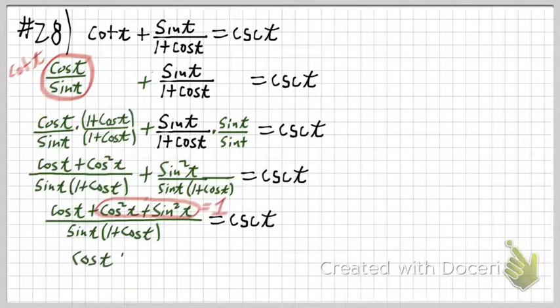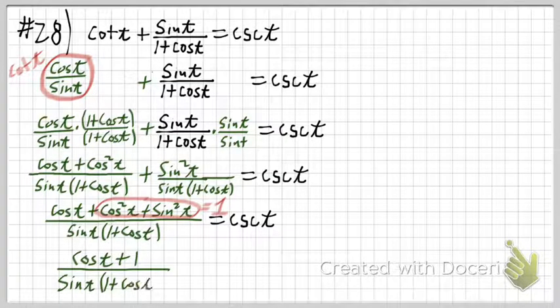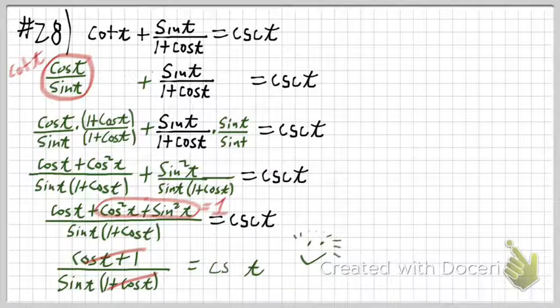All right, so I'm going to get cosine t plus 1, and then in the denominator, 1 plus cosine t. This is the advantage of leaving it in factored form. Those divide out, so if I divide those out, it's basically 1 over sine t, which is indeed the cosecant.